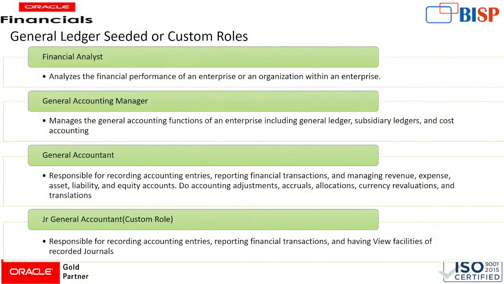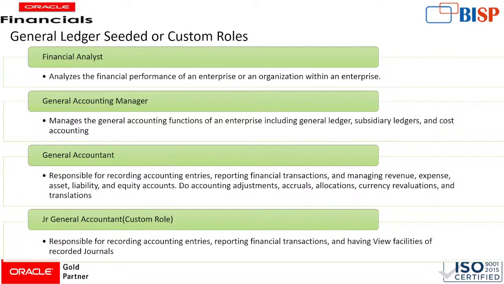So in the general ledger, there are seeded roles, or you can create custom roles. The seeded general ledger roles are financial analyst, general accounting manager, and general accountant, and I have created a custom role, that is junior general accountant. That is the requirement of my client.